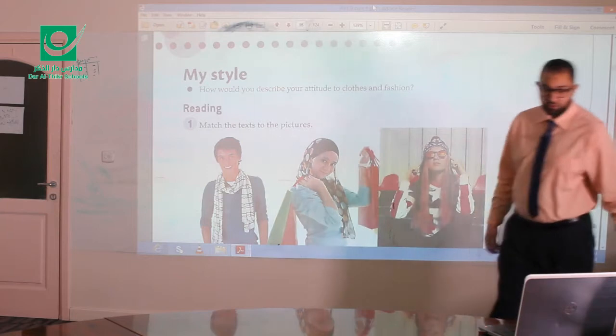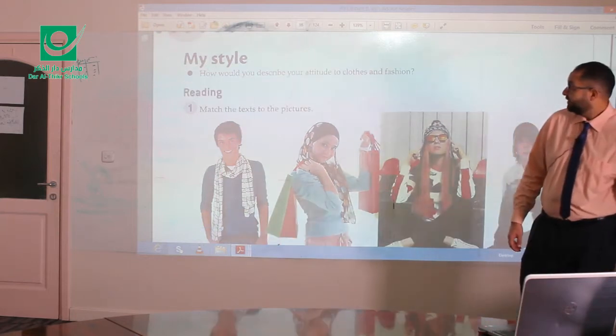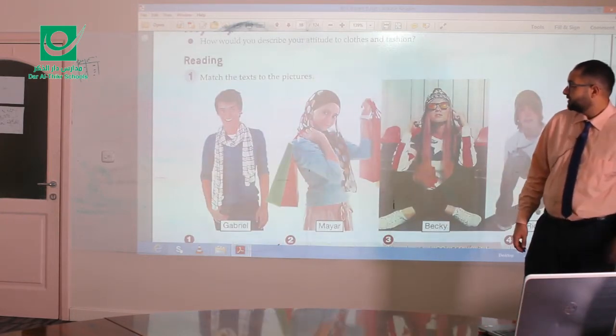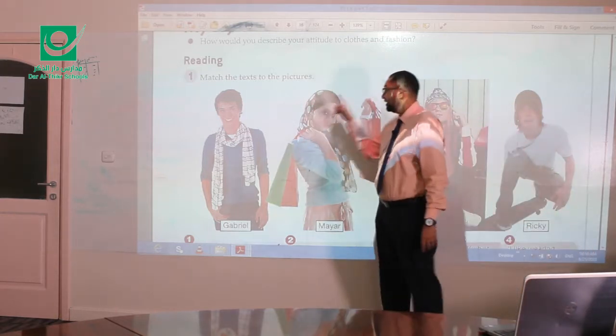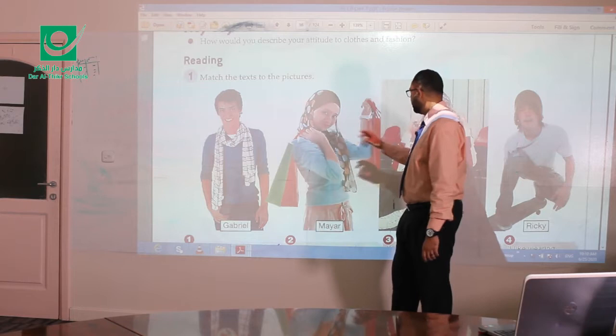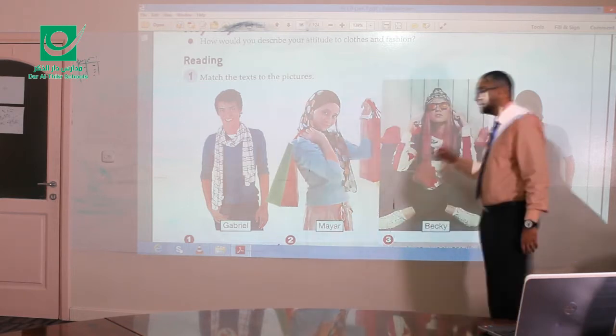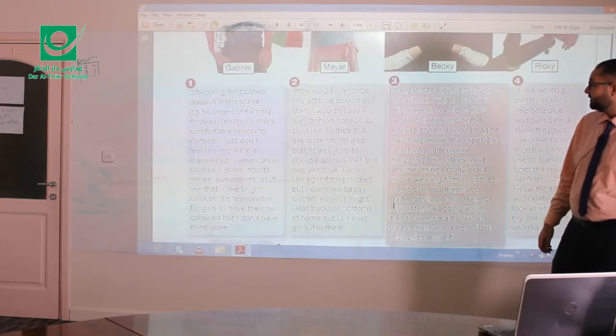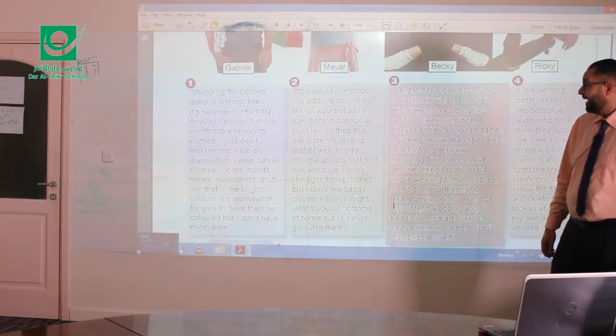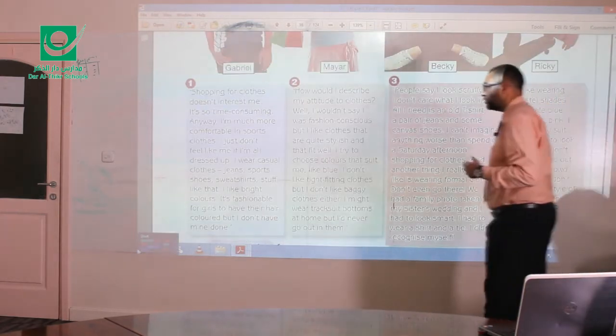Now let's look at the 4 characters we have for the reading part. The task is to match the texts to the pictures. 1, 2, 3, 4. We have 4 different pictures and under them 4 different texts, and we don't know who goes with whom.